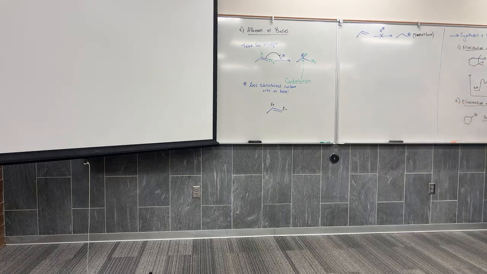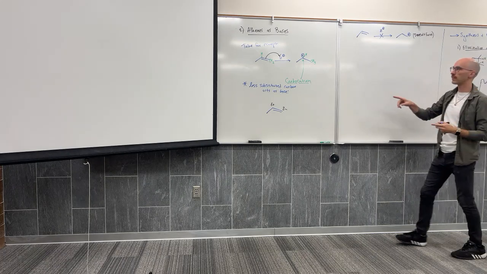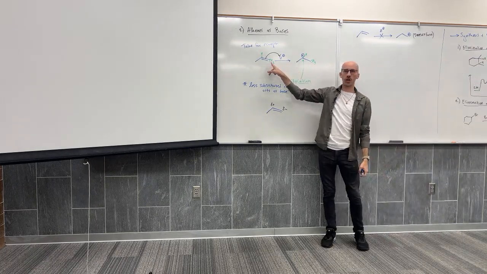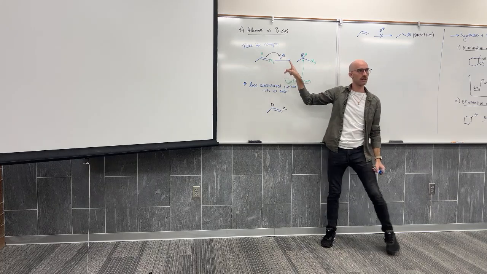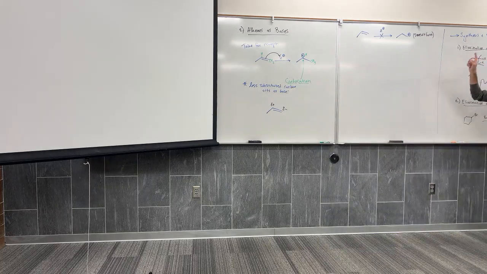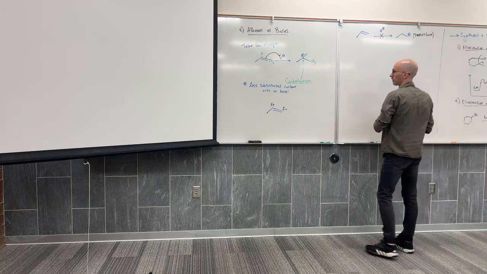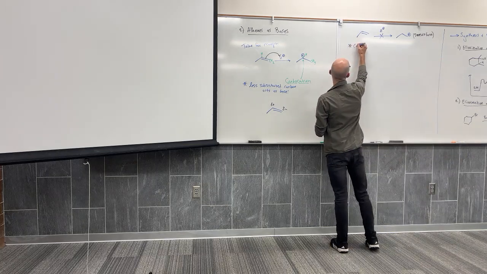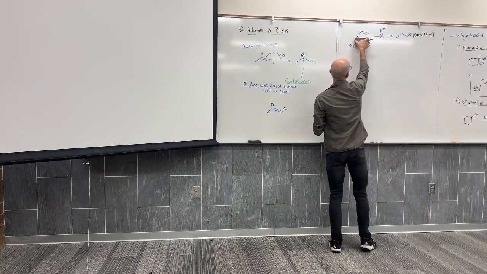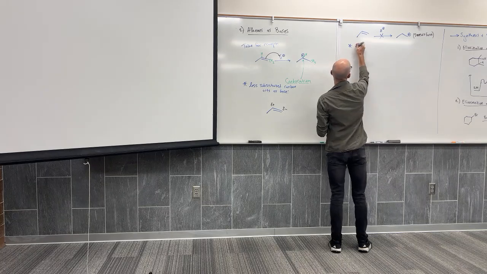What we're doing right now is learning something about the regiochemistry of carbocations. When given a chance between two carbons of different substitutions, carbocations have a preferred regiochemistry. Carbocations prefer more substituted carbons. I'm going to abbreviate carbocation as C+.